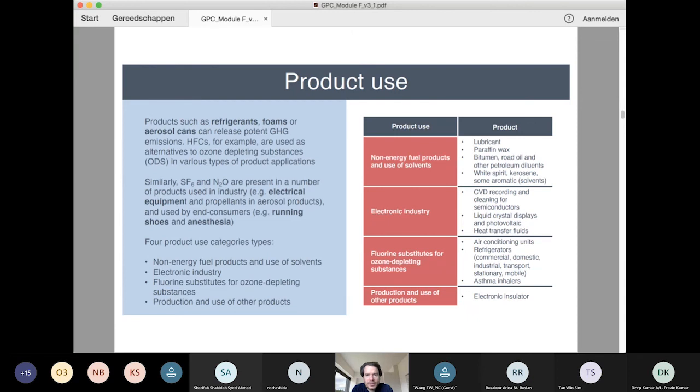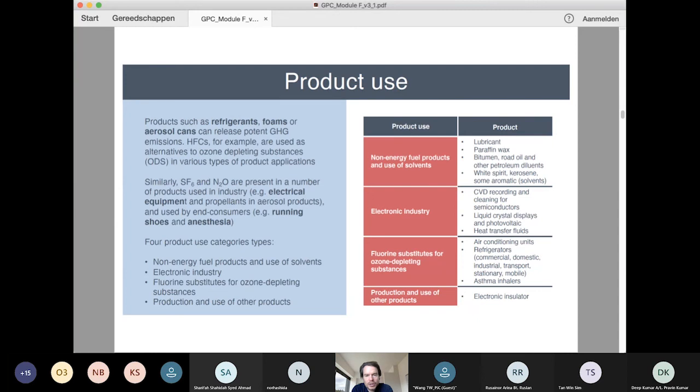There are four main subcategories under product use. First, non-energy fuel products and use of solvents. This is where we're using fossil fuel products, but not for an energy use. Second, the electronic industry, where we're using products like photovoltaics, heat transfer fluids, and semiconductors, which all have an impact on greenhouse gas emissions.